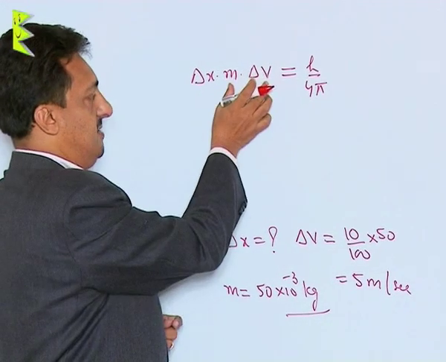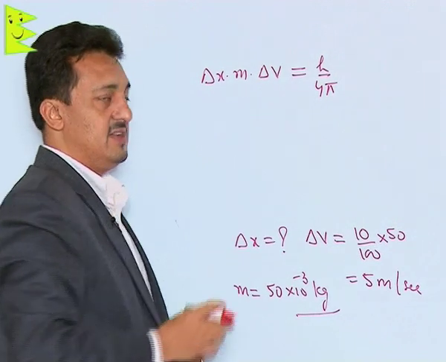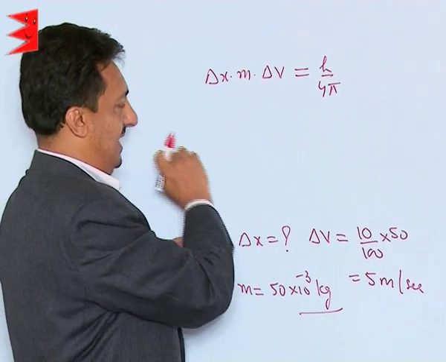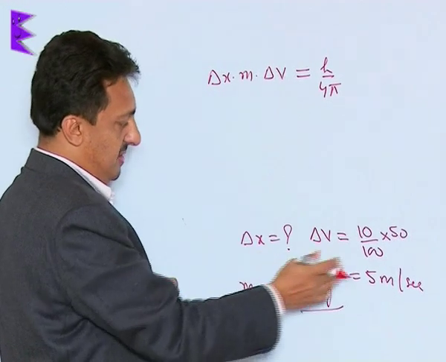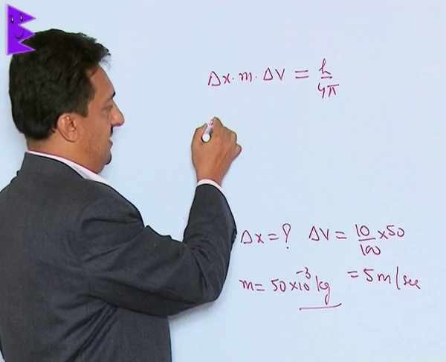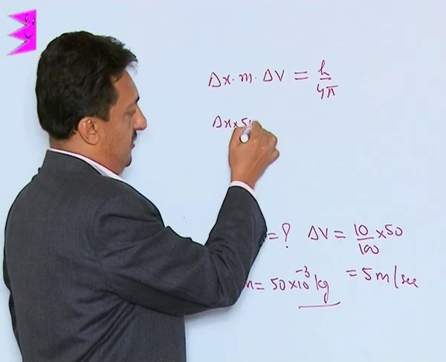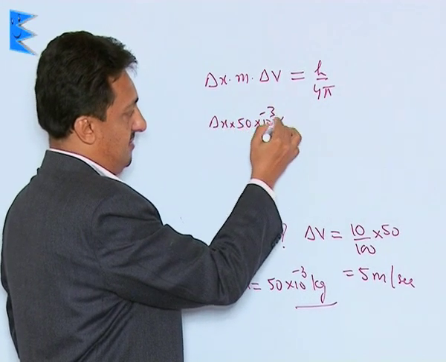Now we know this product of mass into the uncertainty in the velocity is the momentum, and we have to find out only the delta x. Let's put the values of all these things. It will be delta x, m is your 50 into 10 to the power minus 3.